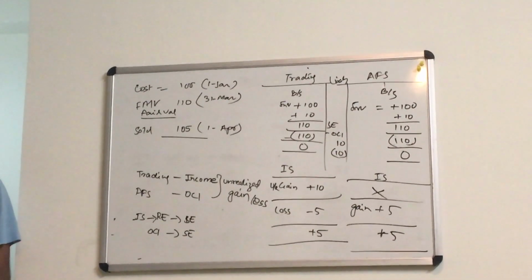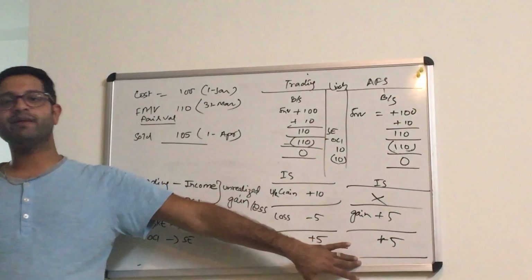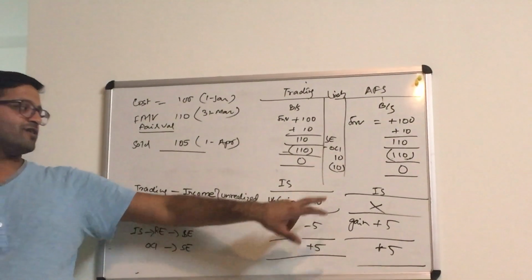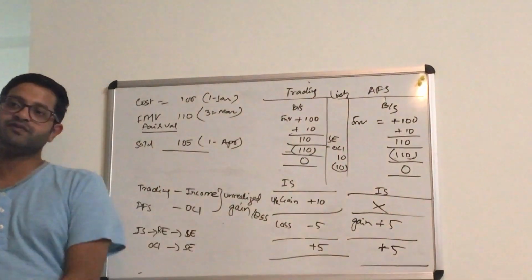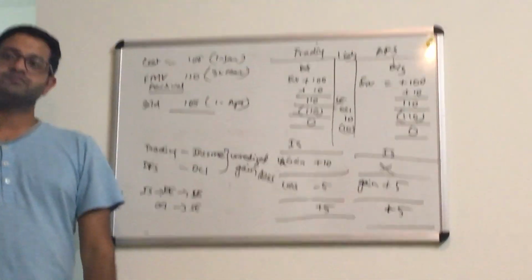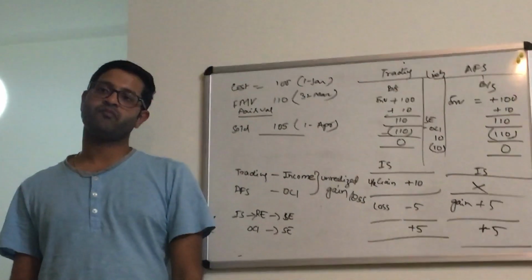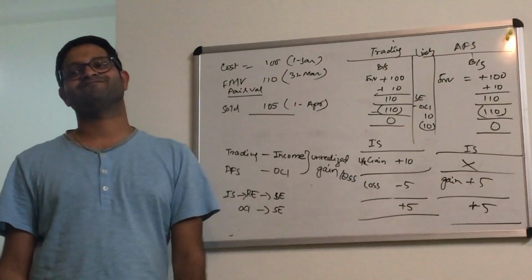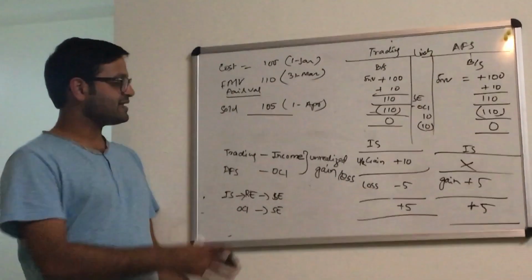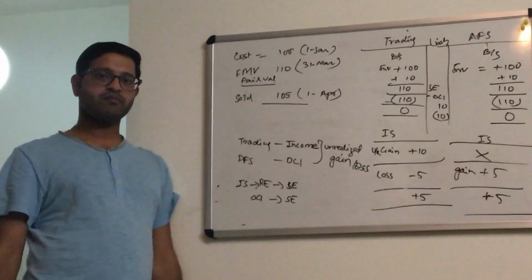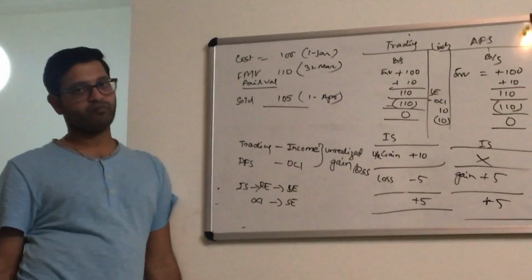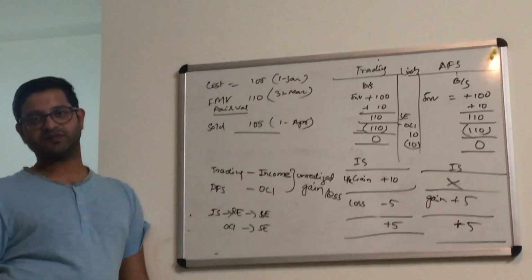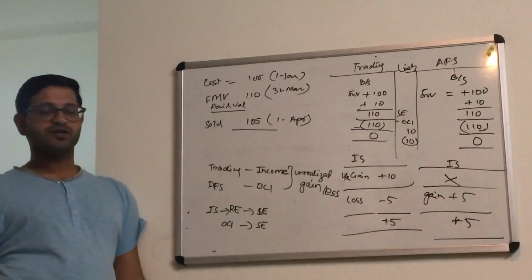Good. So there is no ultimate end impact of this, but the period is different. You had plus 10 here, minus 5 here. You had 0 here, you had plus 5 here. The stage from which we are trying to realize the gain or loss while selling is different. There we did it from 110, here we are doing it from 100. Whenever you realize it, then only you put an entry in the income statement in case of AFS. Otherwise, there is no entry in P&L.